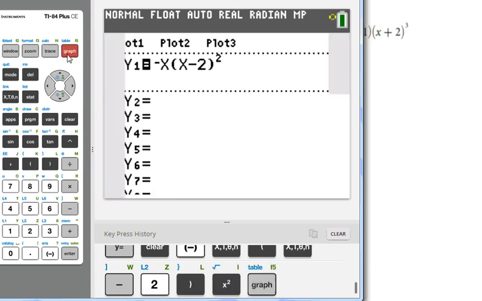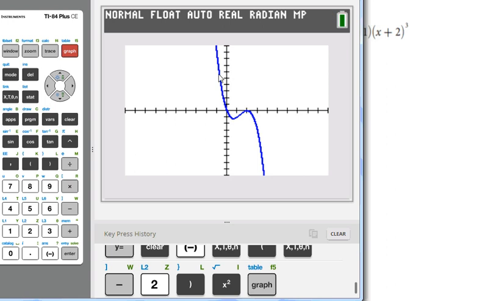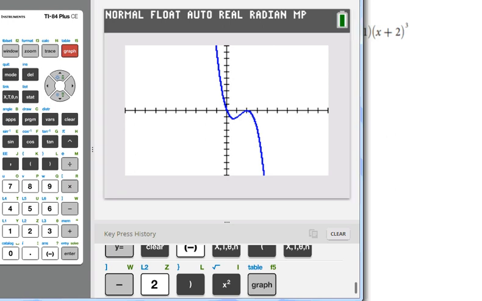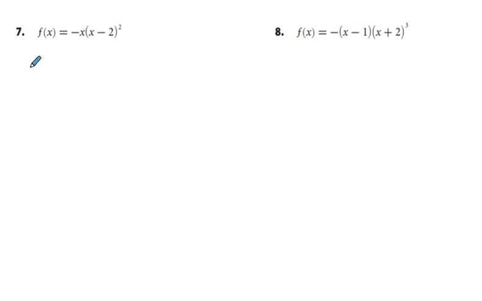And so we graph this function. We have also two turning points, down here about where x is between 0 and 1, and over here about where x is 2.